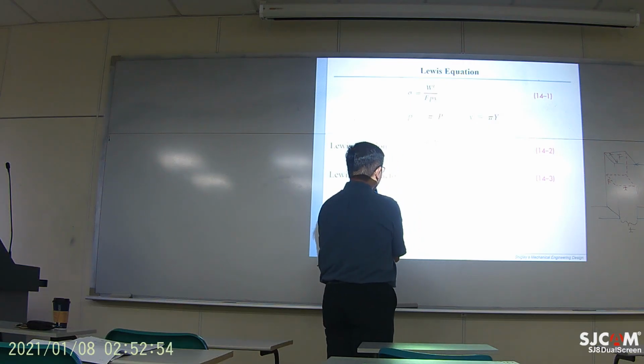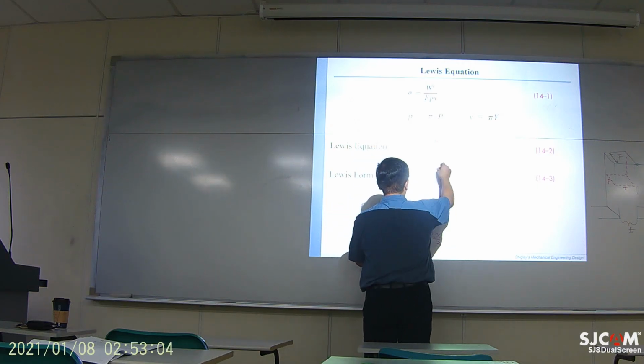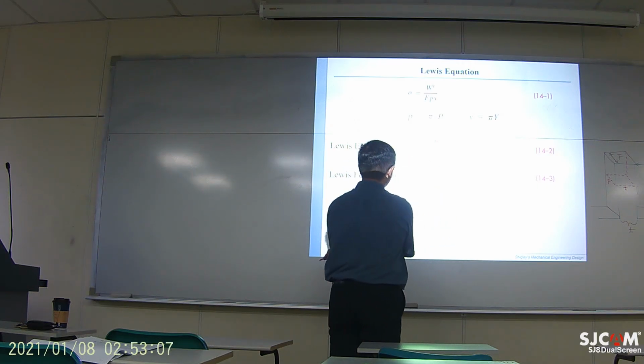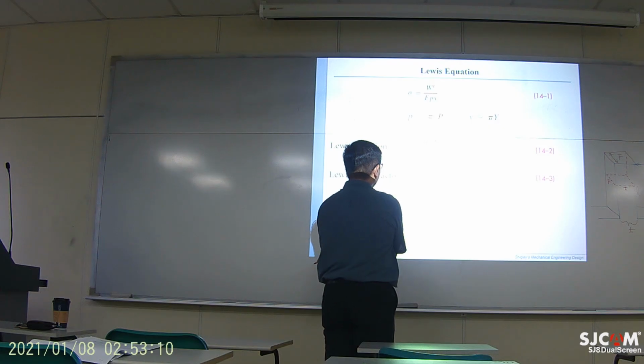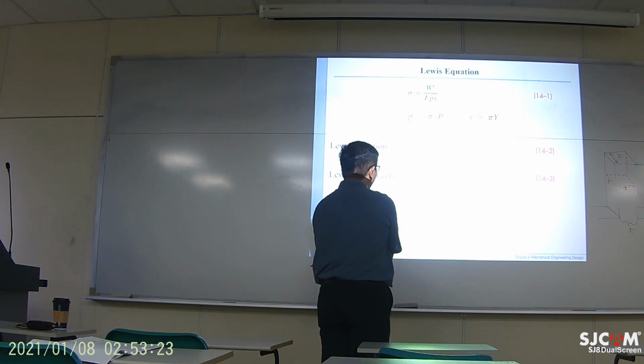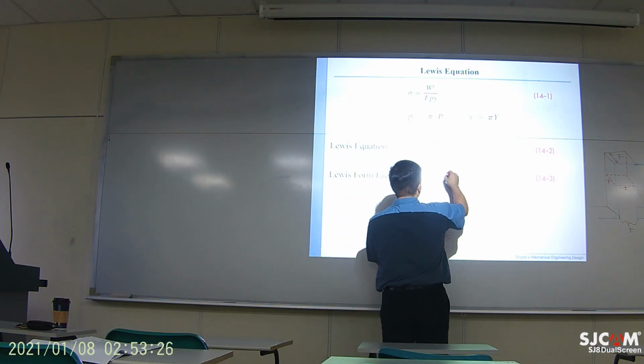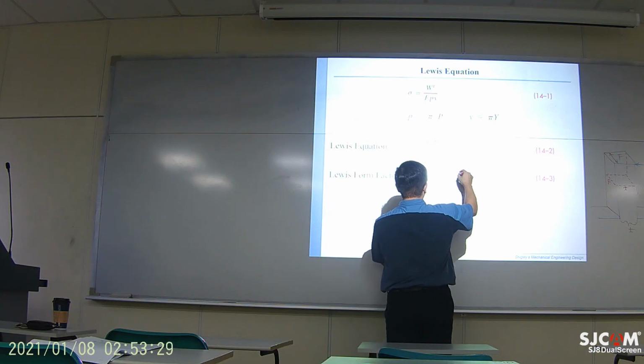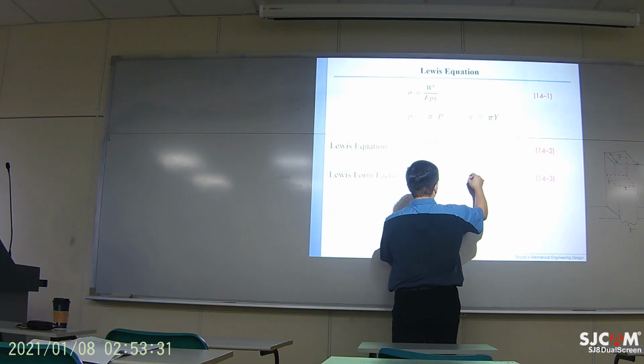If you define the capitalized Y in a certain way, then you can replace the capitalized P by the capitalized Y. Over here, capitalized P equals 3 capitalized Y over 2x.